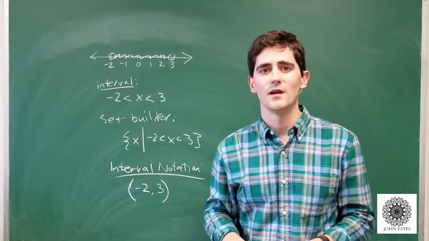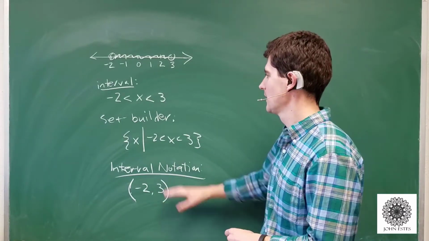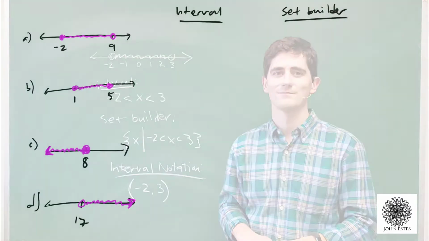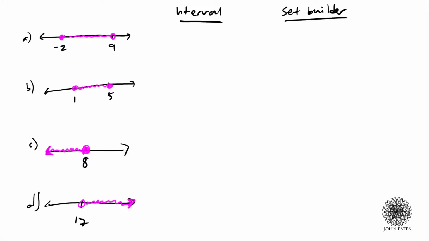Now I'm going to show you some examples that show you the variations of intervals that you can deal with, and hopefully it'll make sense. I have these 4 intervals here, and I want to show the solution of these in interval and set builder notation. For the first one, I can see that I'm starting with -2 and ending with 9. So in my interval here, I just have to write -2 and 9, and figure out how to cap it off. Well, I see that the circle's included on the -2.